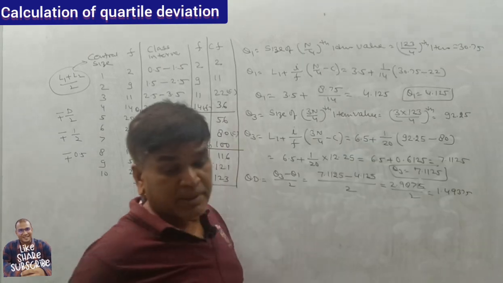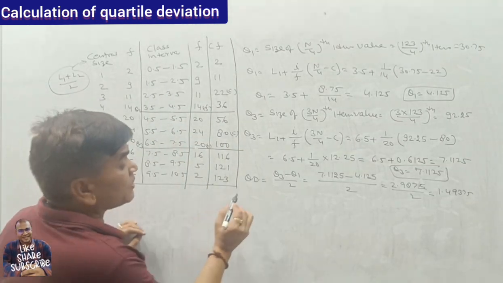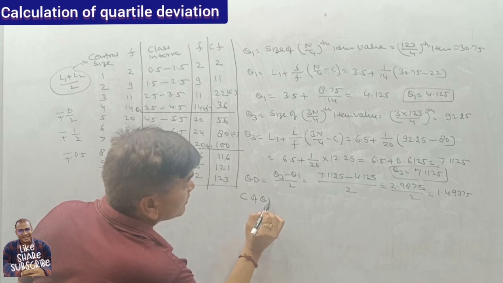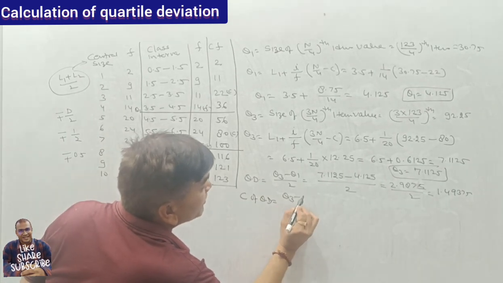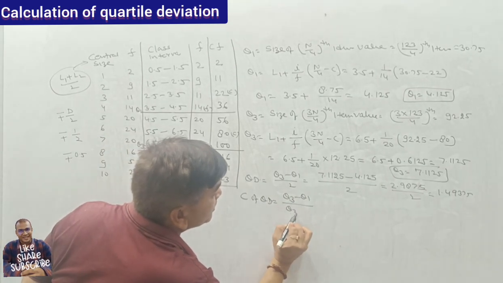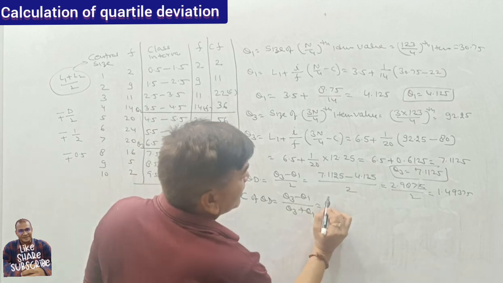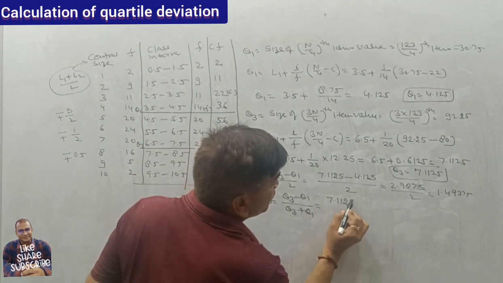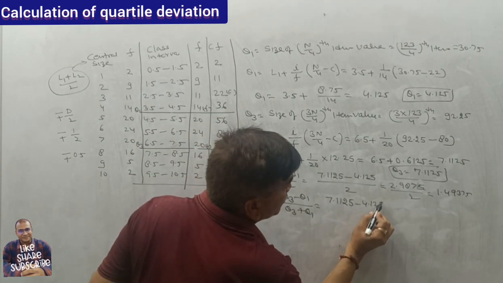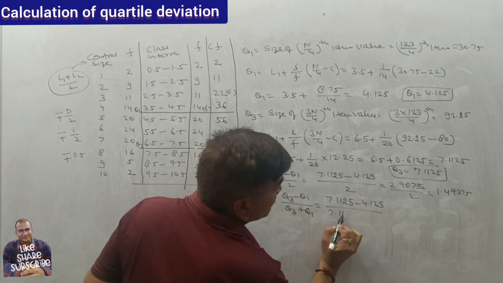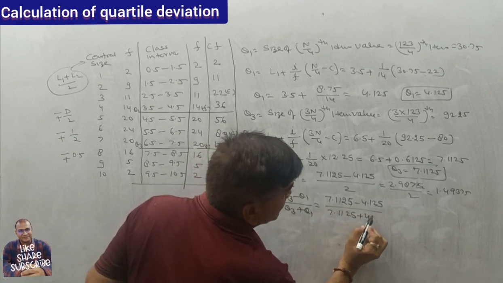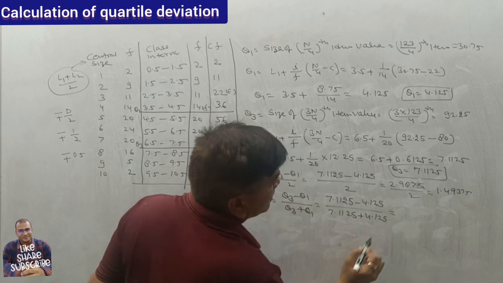Next we are to calculate the coefficient of quartile deviation, that is Q3 minus Q1 upon Q3 plus Q1, that is 7.1125 minus 4.125 upon 7.1125 plus 4.125.